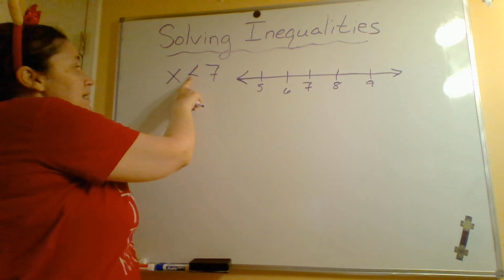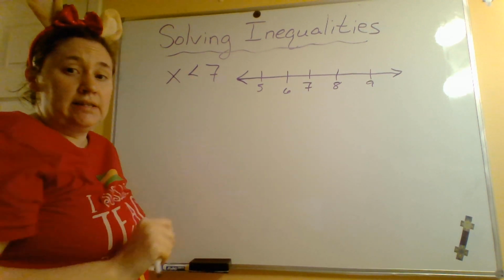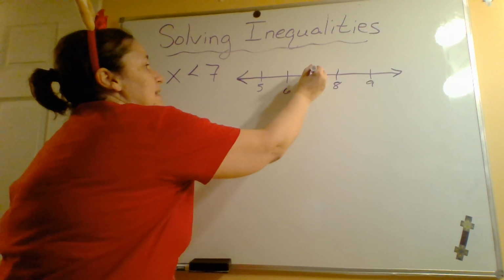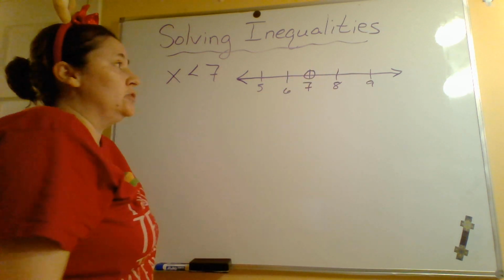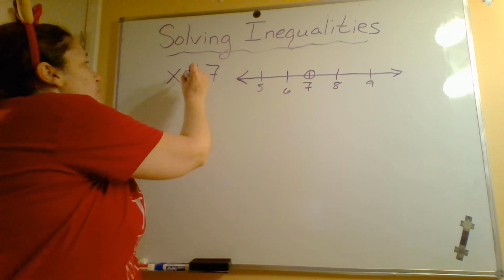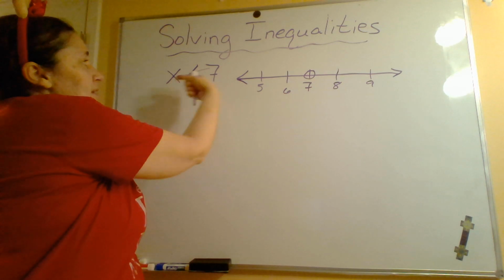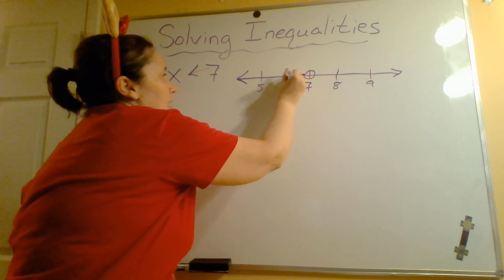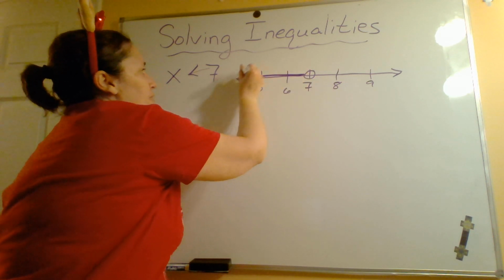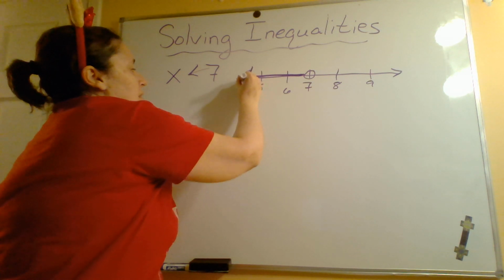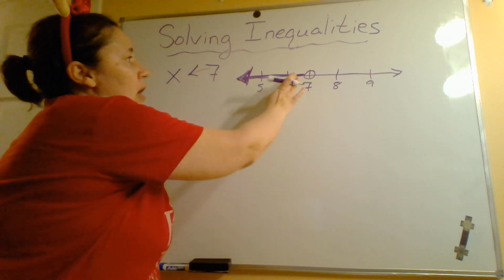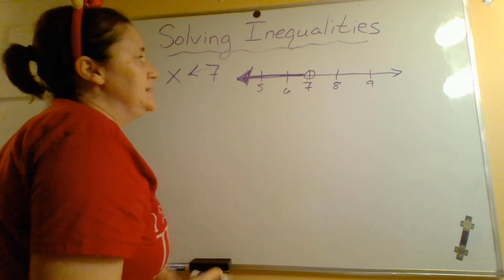Then, because this says less than, not less than or equal to, you put an open circle at 7, and you follow this arrow. The arrow points to the left, so you draw your line going to the left, like that. So this line represents all of the numbers that are less than 7.